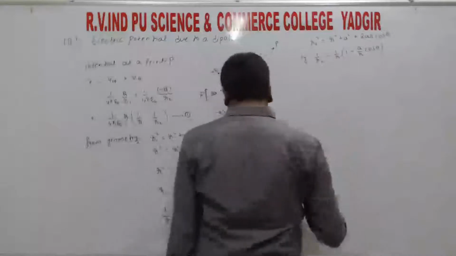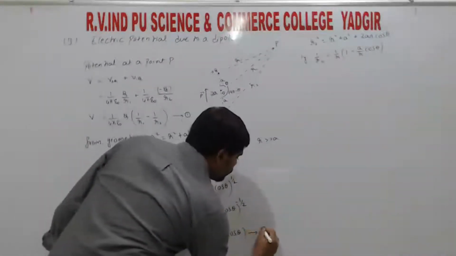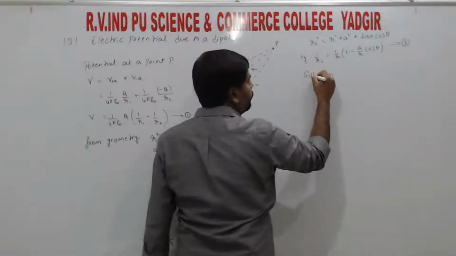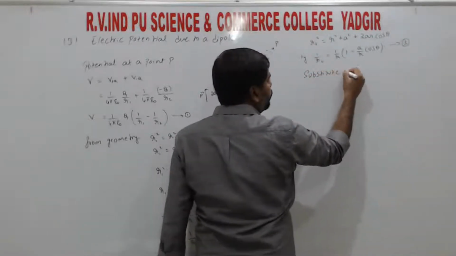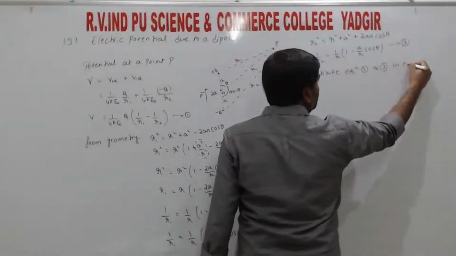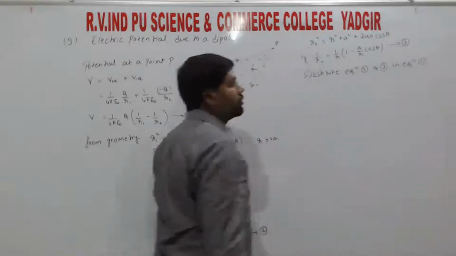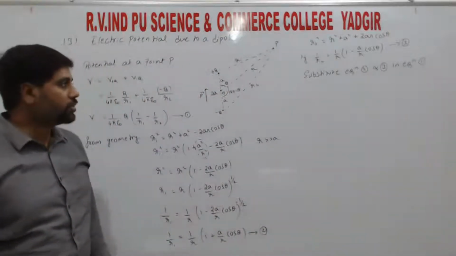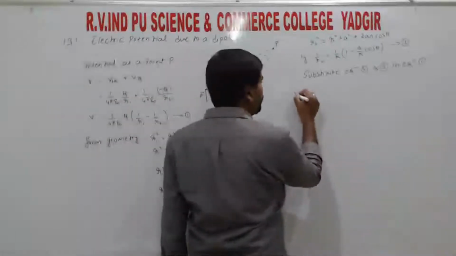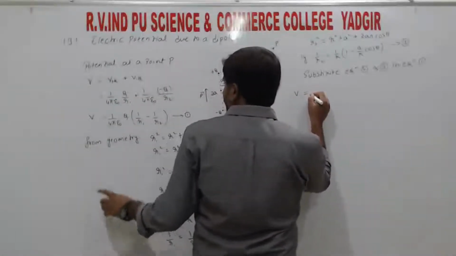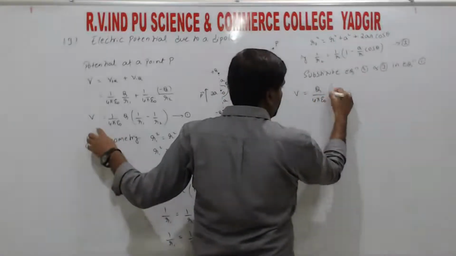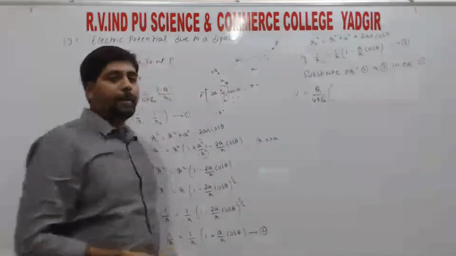So now substitute these two values, right? So equation 2 and equation 3 in equation 1, right? So when do we substitute equation 2 and equation 3? In equation 1, right? So that is the potential due to the dipole, right? So V is equals to Q divided by 4 pi epsilon naught into 1 by r1.